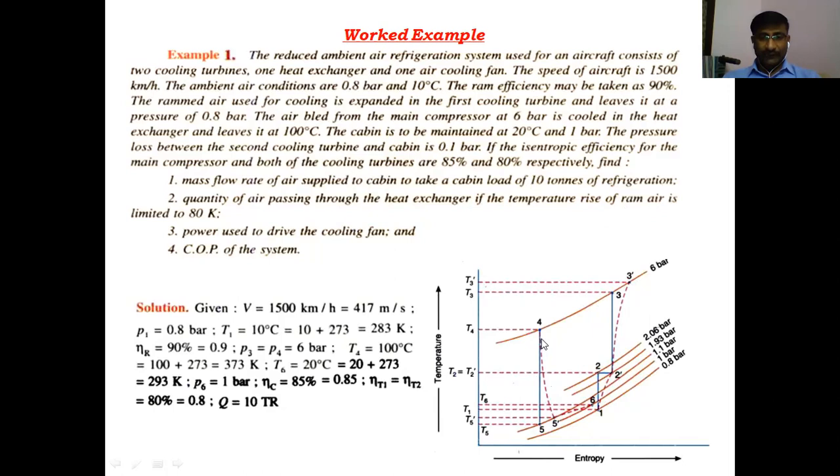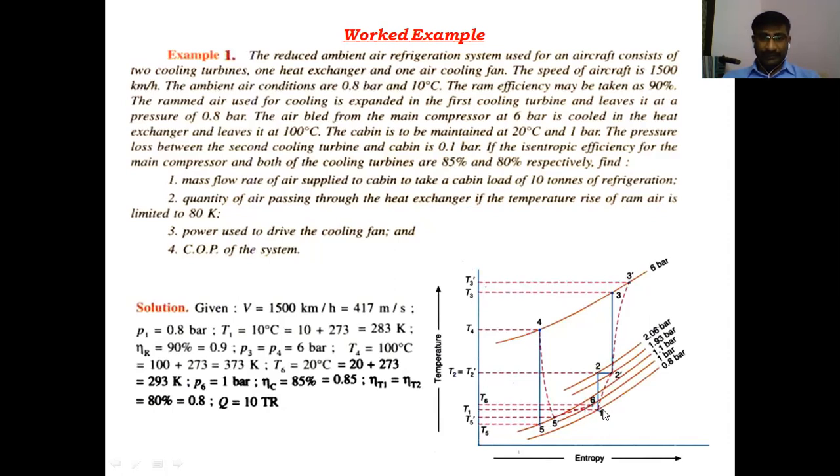After expansion, the pressure is 1.1 bar because the cabin is to be maintained at 1 bar. But before the cabin, during this process in the cabin, the pressure is reducing. A pressure loss of 0.1 bar takes place in the cabin.